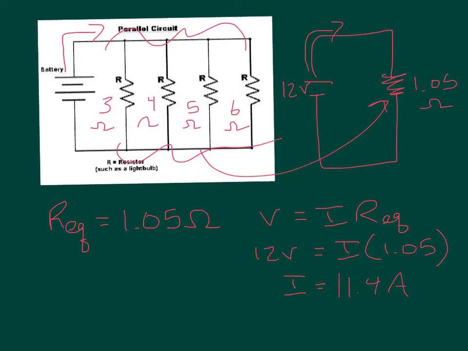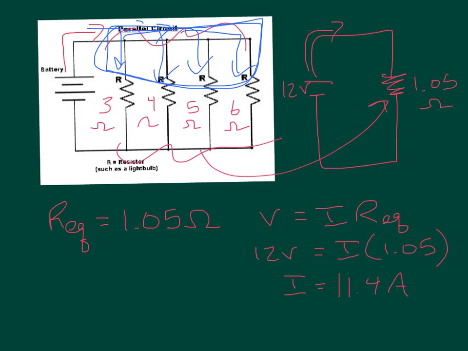But remember that that current then splits up between the different resistors. So some of that current is going to go this way, some of it is going to go that way, and so on. We're just going to go V equals IR for all of these.